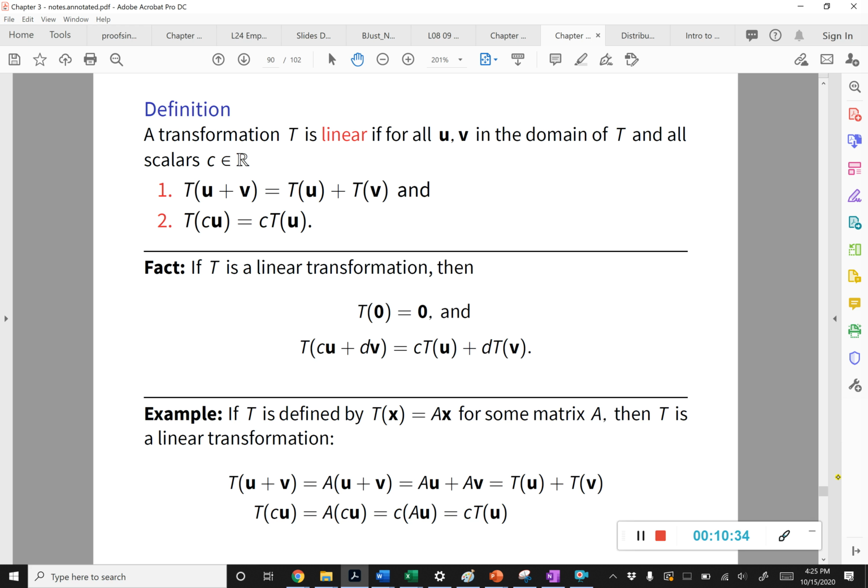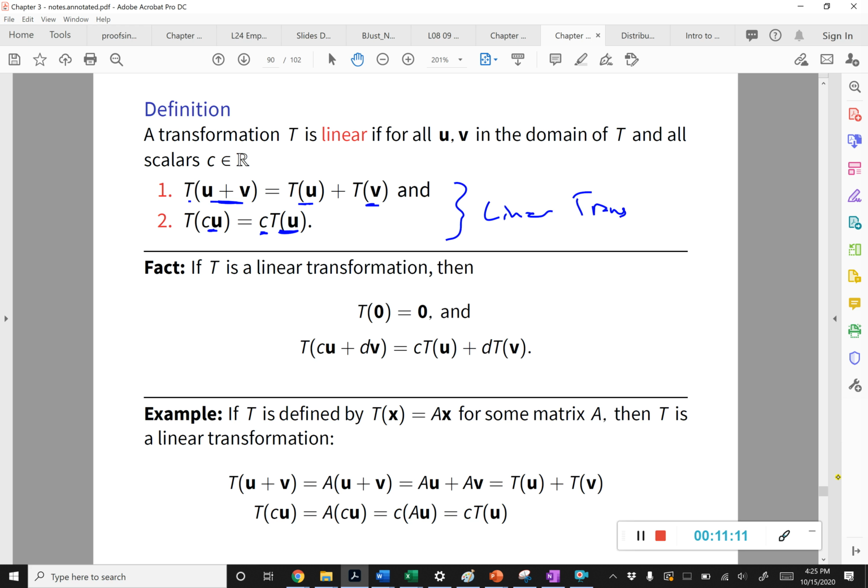But the idea is if you have the sum of two vectors, then to find out how the sum of the vectors is transformed, you can just transform the first, then transform the second, and then add them together. And if you want to know how the scalar multiple of a vector is transformed, then you can actually just transform the vector and then scale the transformed vector, and you'll get the same thing. If both of these are true, then it is a linear transformation.